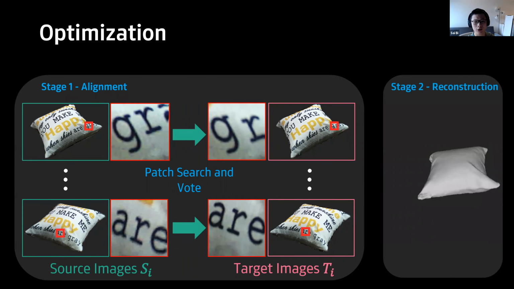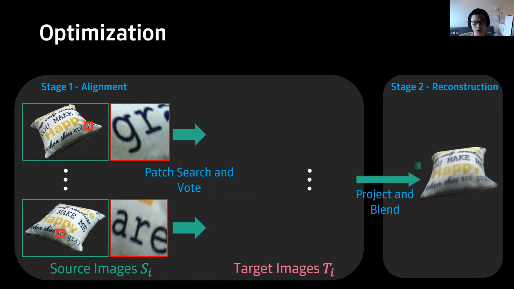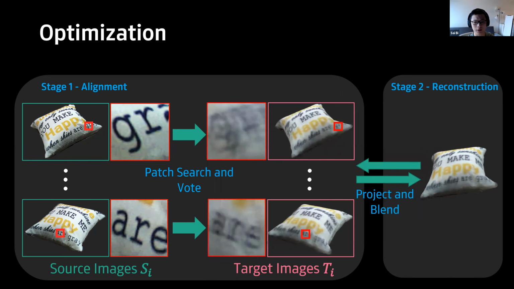In the reconstruction stage, the synthesized images are projected onto the geometry and combined to produce texture images at different views. And the textures at each view are used as the new texture images at the alignment stage in the next iteration. In case the synthesized images are misaligned, which is usually the case at the beginning of the optimization, this process produces textures with ghosting and blurring artifacts.